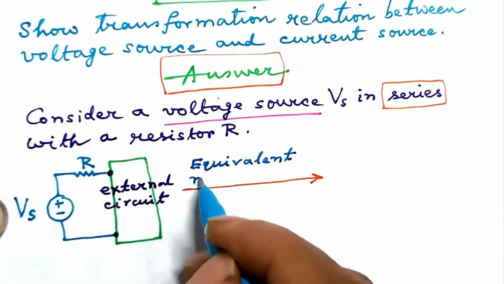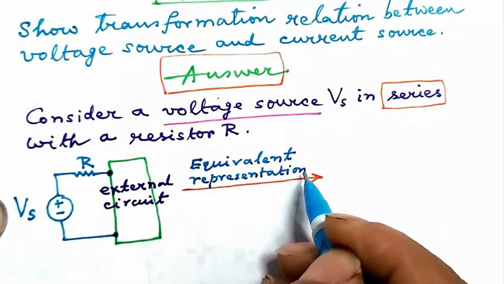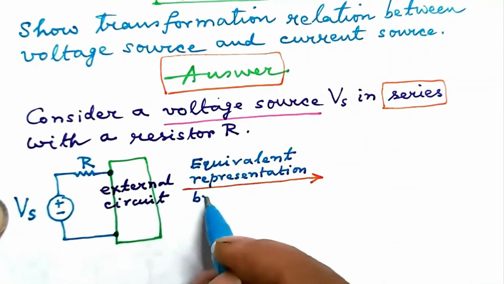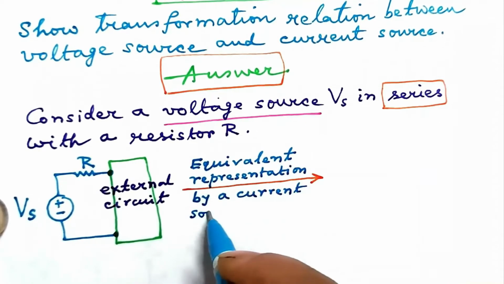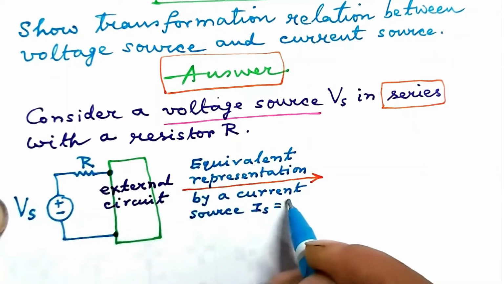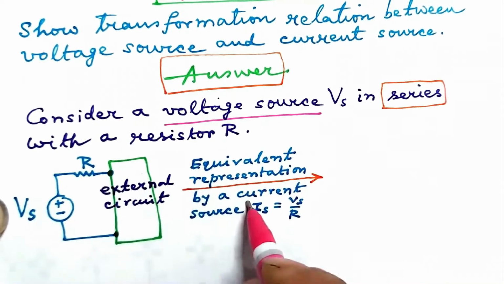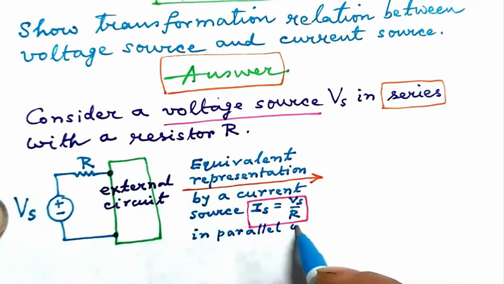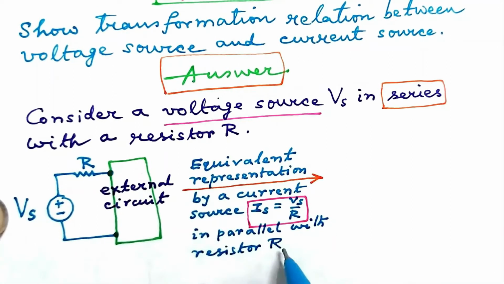An equivalent representation of the voltage source Vs in series with a resistance R can be made through a current source representation where the source current is Is equal to Vs by R and it is in parallel with the resistance R. Let us show the current source representation that is equivalent to the voltage source.